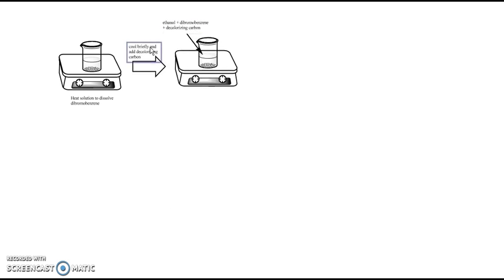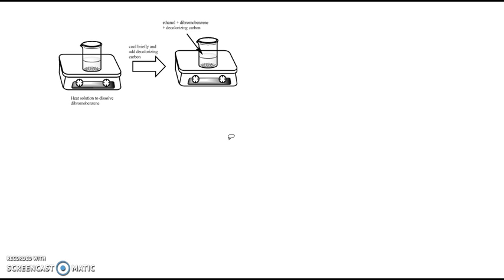We want to make sure we cool it briefly before we add it, and then we add the decolorizing carbon. We have a solution that has our dissolved dibromobenzene and the decolorizing carbon, which has absorbed our impurity. But now the decolorizing carbon becomes an insoluble contaminant in our solution that we need to get rid of.